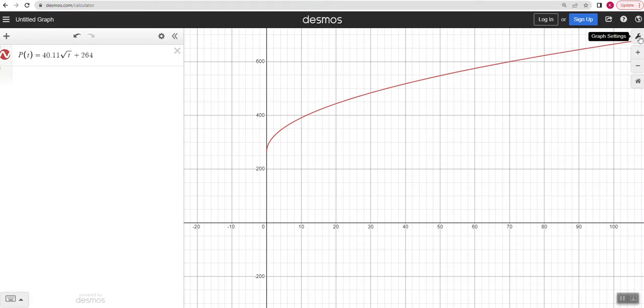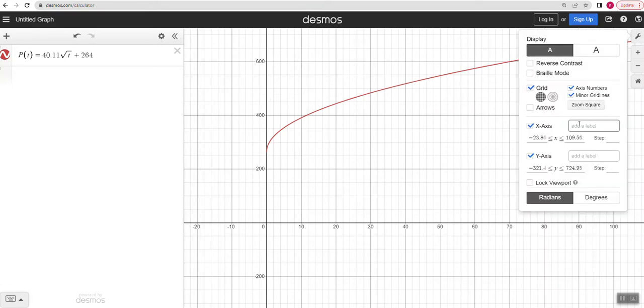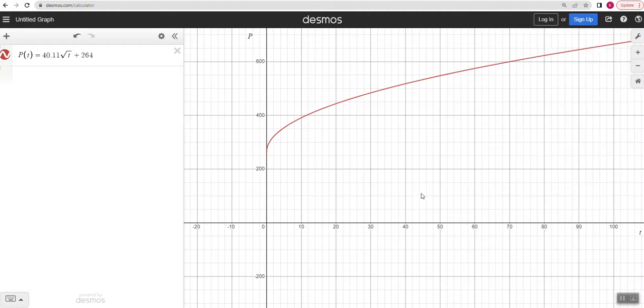If I go into the little graph settings, my x-axis, my independent variable or input, is t. My dependent variable or output goes on the vertical axis, and that's p. That way, from there on, when you're asked questions, you know which axis represents which variable. It just takes a moment, and it can really help as time goes on.